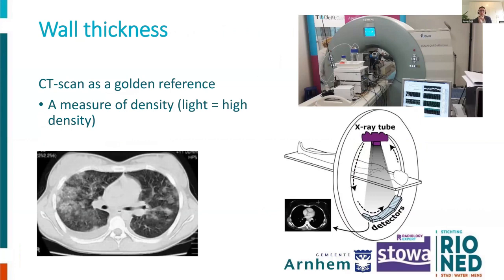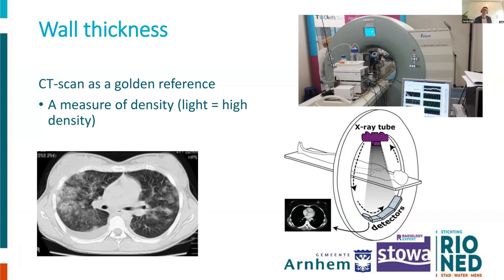And to get more of a reference measurement for the wall thickness, we decided to extract several pipe segments from the pressure main, and then transport them to the CT scan. What the CT scan basically does is it's an X-ray tube that turns around, and then you get different slices, and a measure of the density.